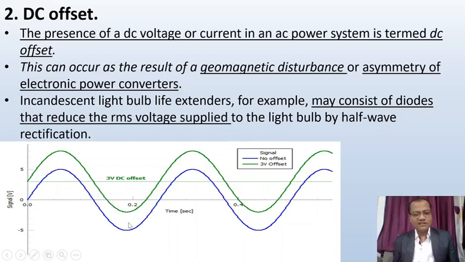That's why it is slightly shifted over the actual blue line. This blue line indicates the AC signal without any DC offset, and after adding this 3 volt DC offset, the green signal is this one. Basically your actual signal changes its shape into an uneven shape, where the positive half cycle is quite a bit larger than the negative half cycle.